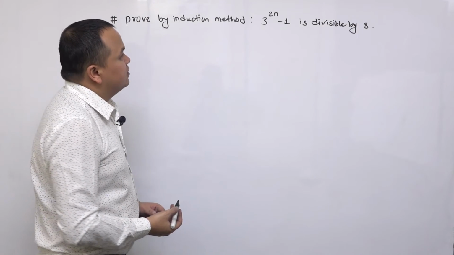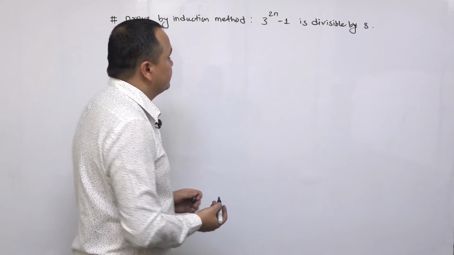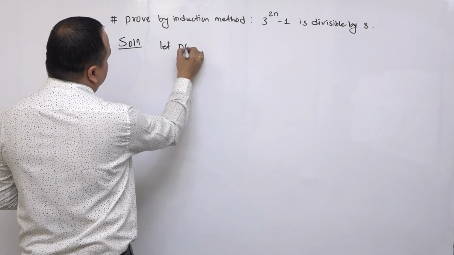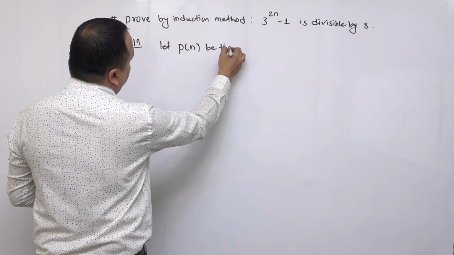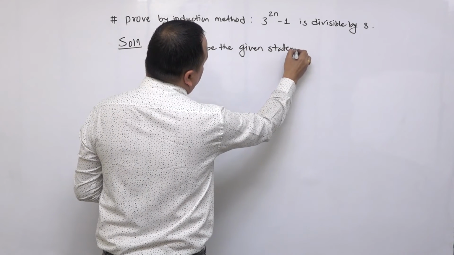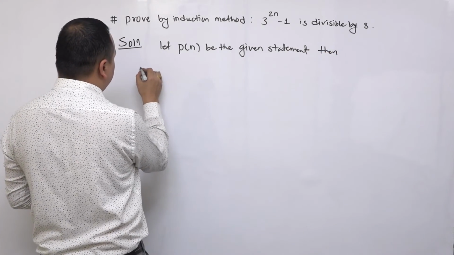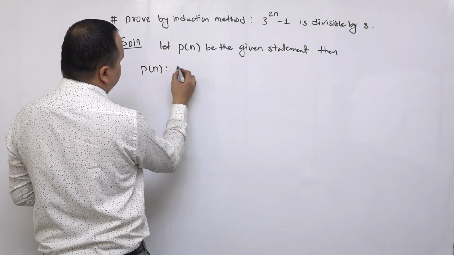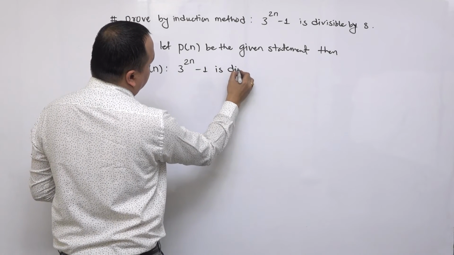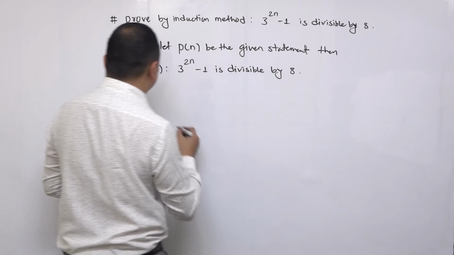We take another example. 3 to the power 2n minus 1 is divisible by 8. Let Pn be the given statement, then Pn: 3 to the power 2n minus 1 is divisible by 8.